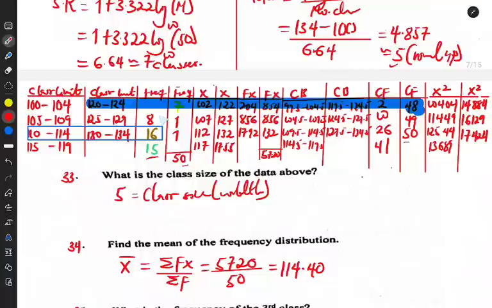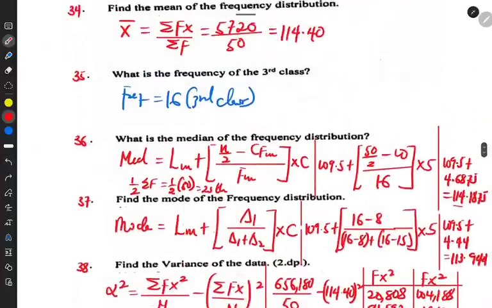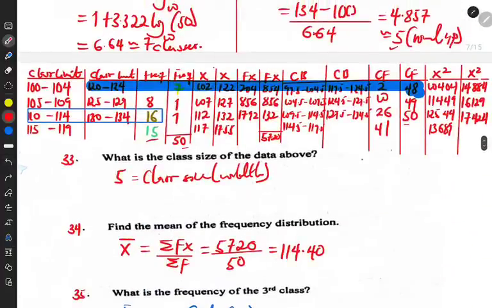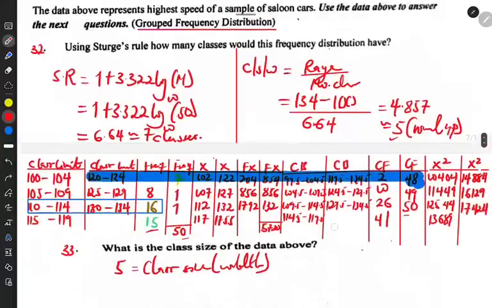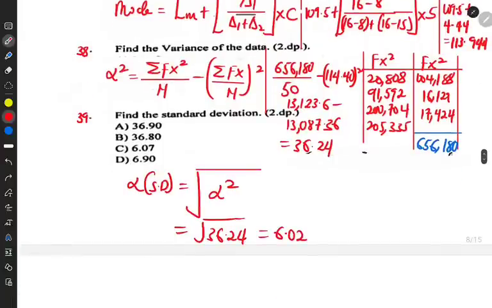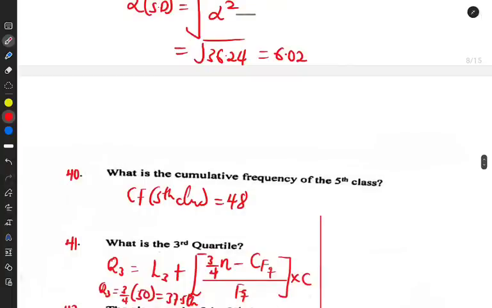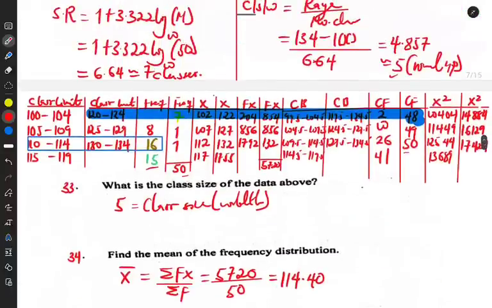So let's see how it goes. So let me take this off first. Alright, so we have 2 plus 8, which is 10, plus 16, 26.